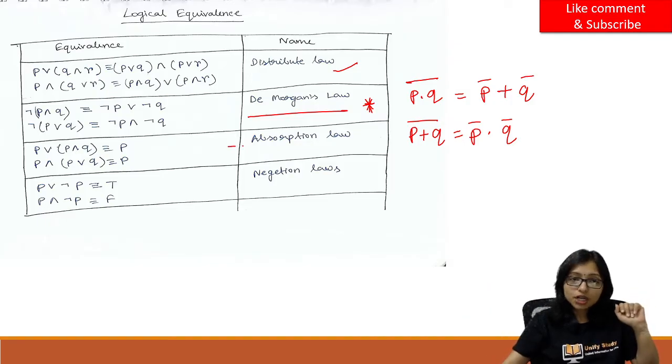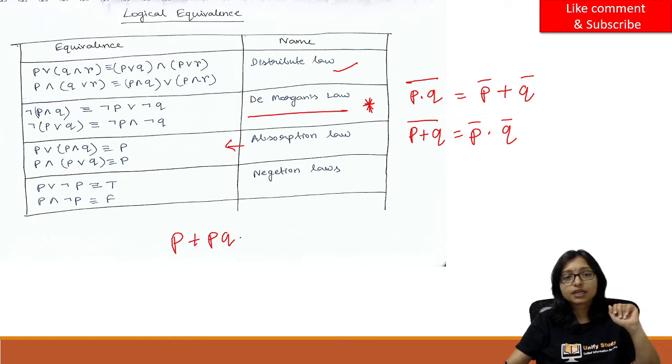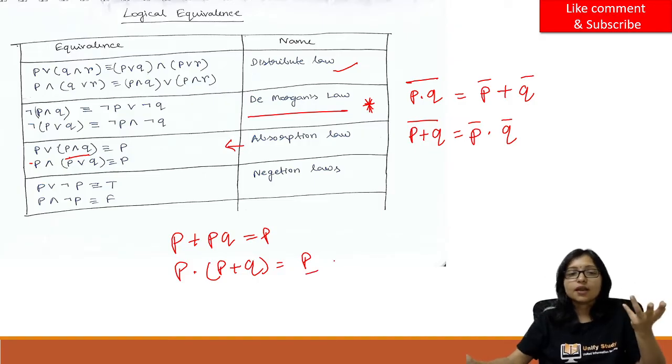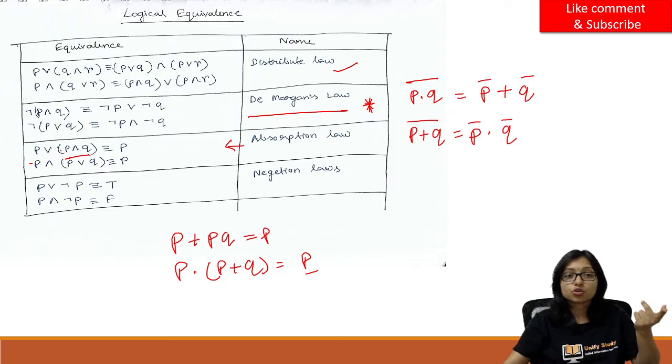And the absorption law is also very important. When I am writing P plus PQ, it is actually P. If I am doing P dot (P plus Q), then also it is P. P plus PQ and P dot (P plus Q), these are the absorption law. So P plus PQ will be P only and P dot (P plus Q) also will be P only.